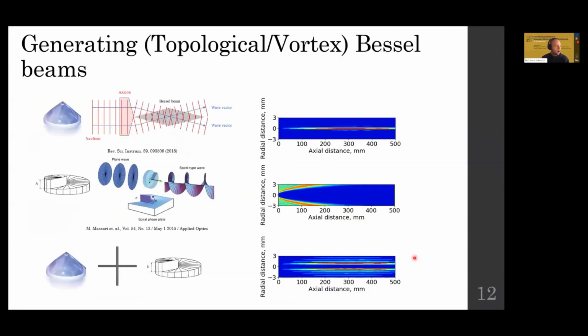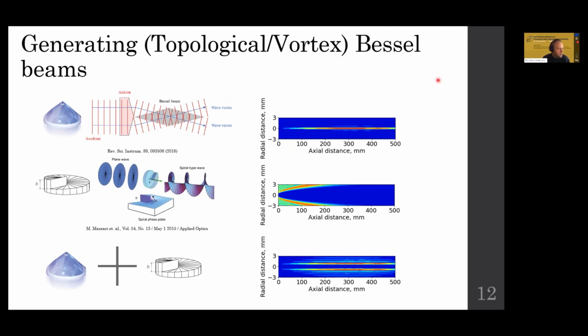Okay, what about optical systems? Well, in optical systems, we do not have phased emitters. It's not easy to facilitate such devices. So the simplest approach is to use hexagon lenses or conical lenses to produce said Bessel beams, as shown on the top.